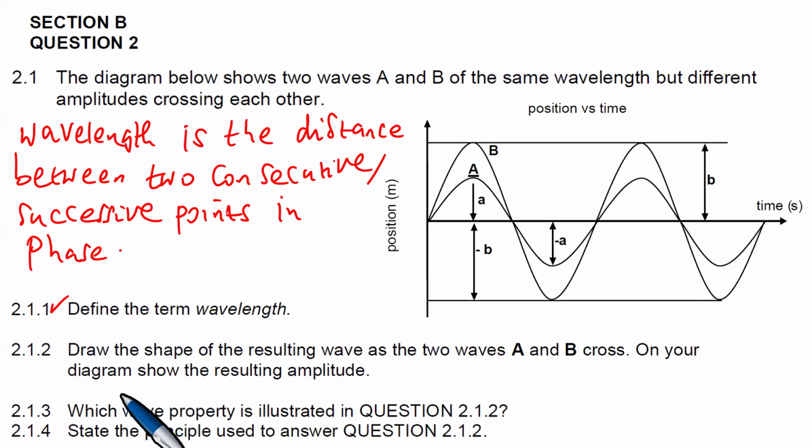So now we're saying wavelength is the distance between two consecutive or successive points in phase.